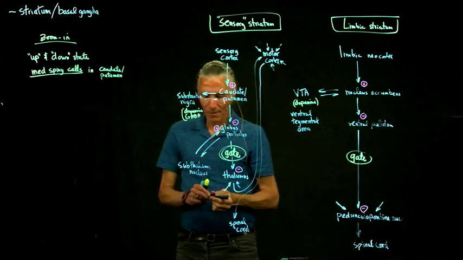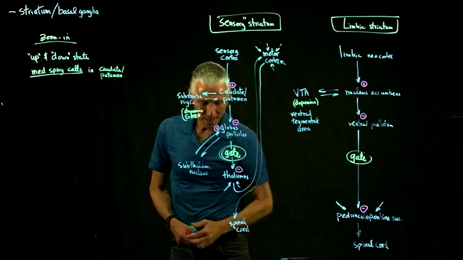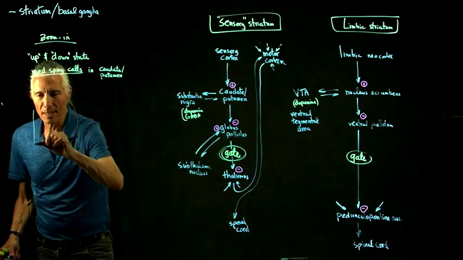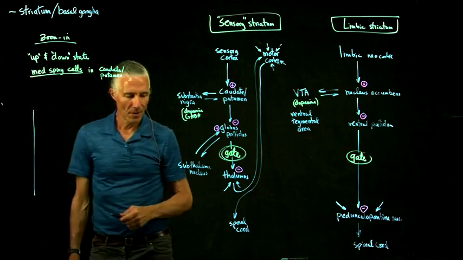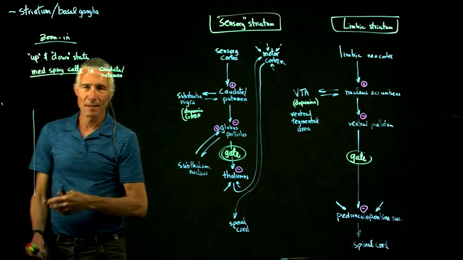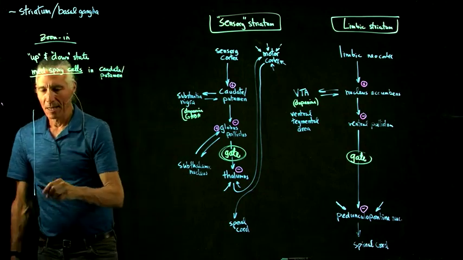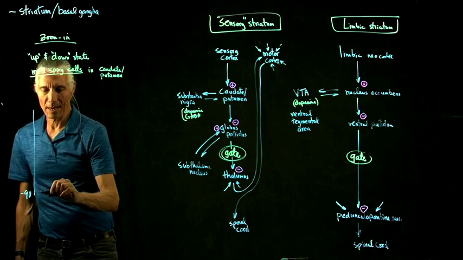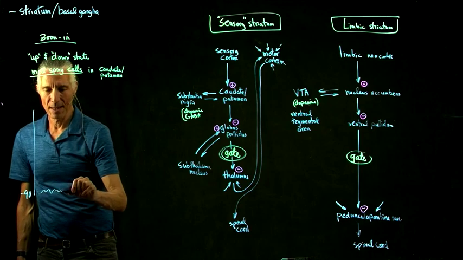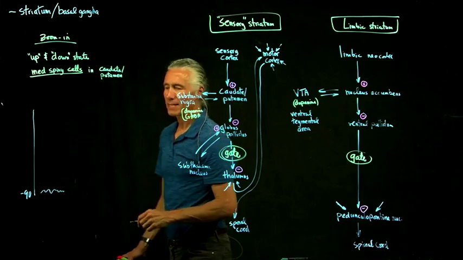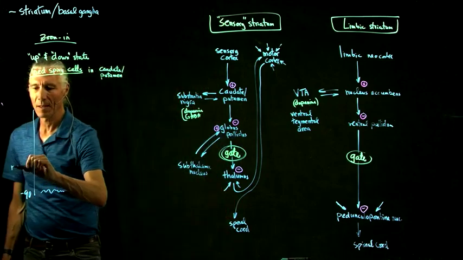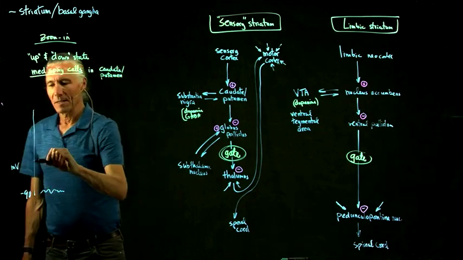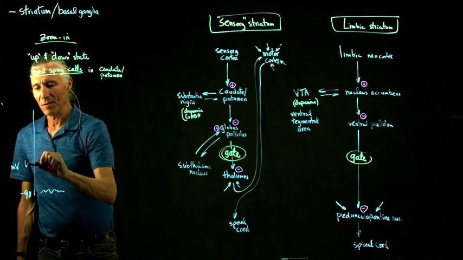If you look at these medium spiny cells, and this occurs even in a dish, you can get a little chunk of the striatum and stick it in a dish. The cells might be quite inhibited, say around minus 90 millivolts, and say here's minus 65 millivolts.